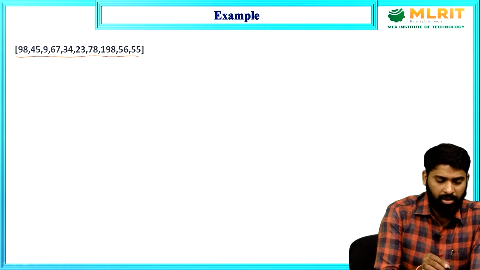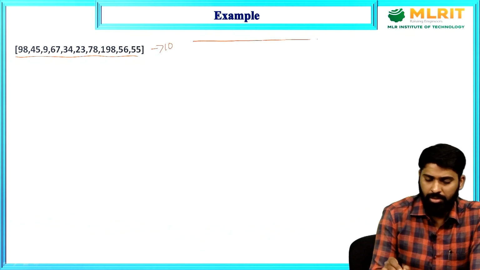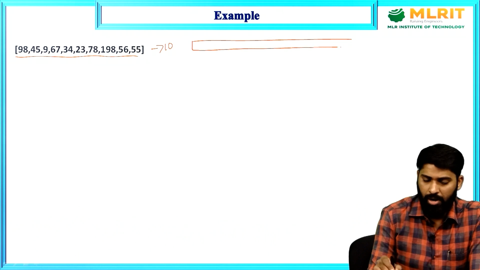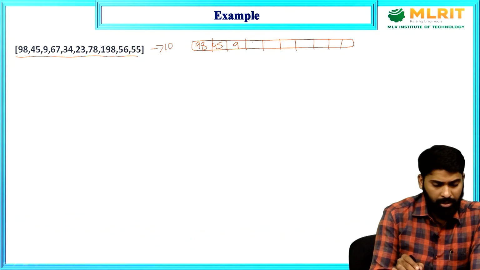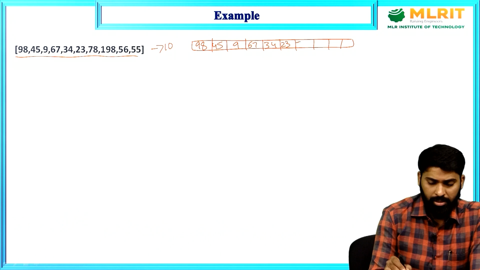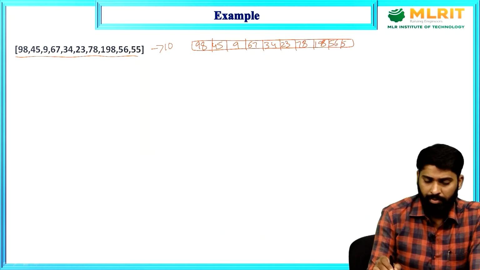Here we have 10 elements, and this is the representation: positions 1, 2, 3, 4, 5, 6, 7, 8, 9, 10, with values 98, 45, 9, 67, 34, 23, 78, 198, 56, 55.